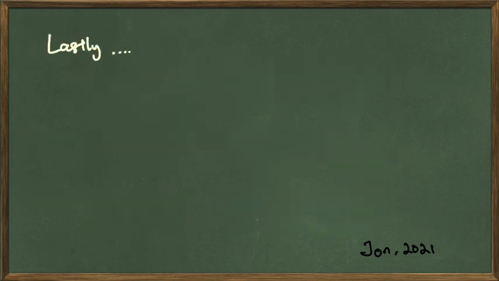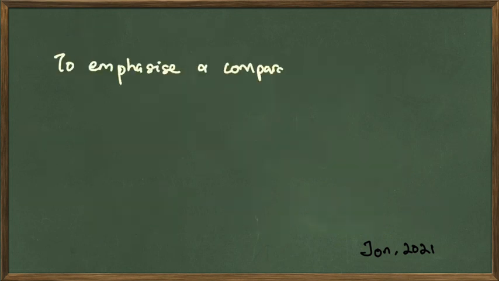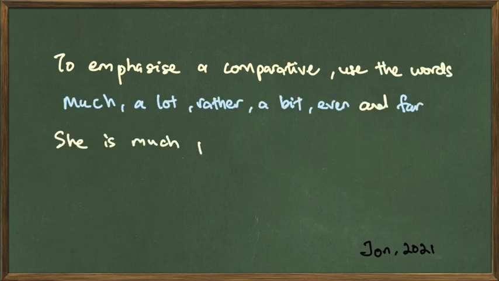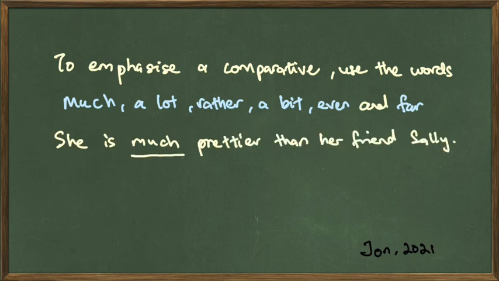Now lastly, to emphasize a comparative, use the words much, a lot, rather, a bit, even, and far. Look at the example. She is much prettier than her friend Sally. Kita nak tekankan yang she, much prettier tu jauh lebih cantik, than her friend Sally.